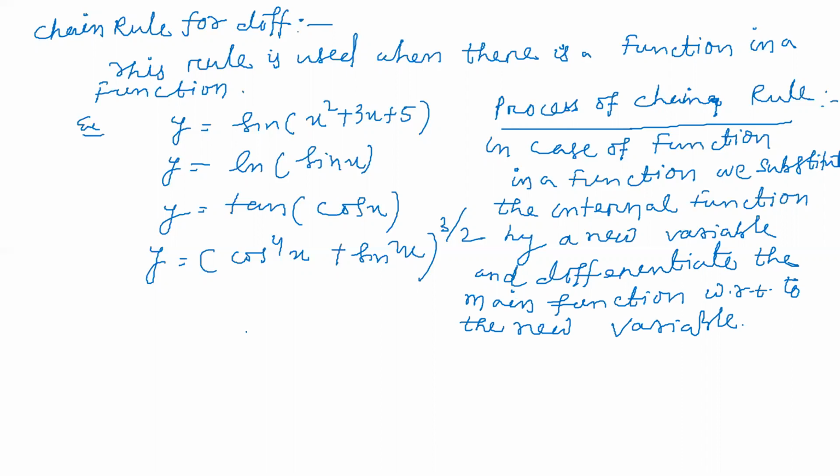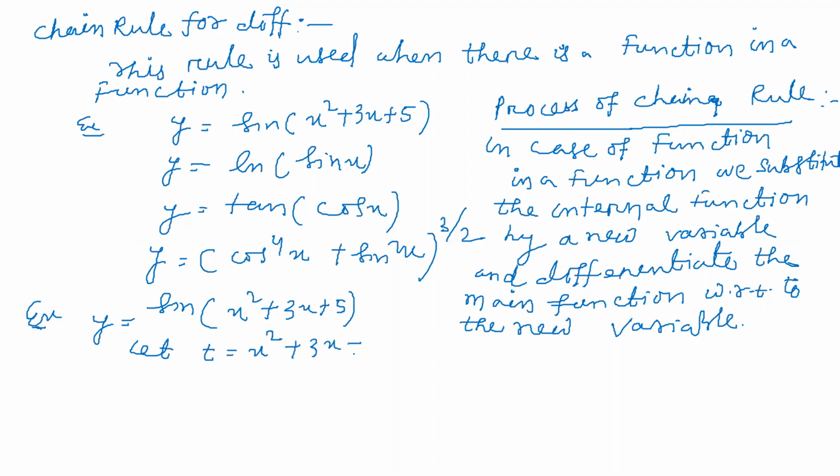Let's take an example, students, to understand this. What I told is the process. For example, at the top we have taken sine of x square plus 3x plus 5. It says we substitute the internal function by a new variable. That means let's substitute a new variable t in place of x square plus 3x plus 5.